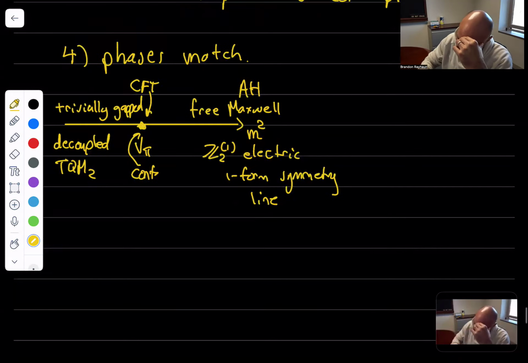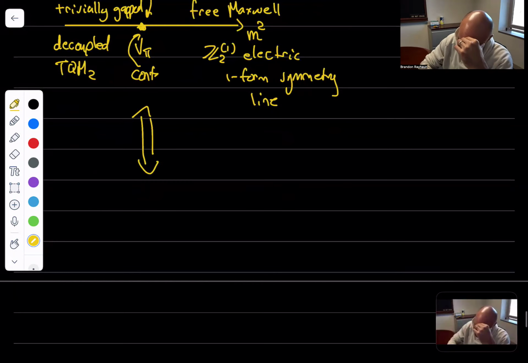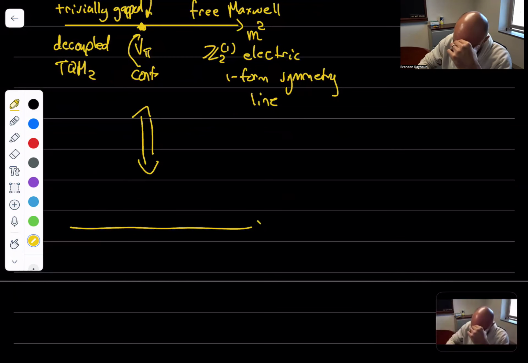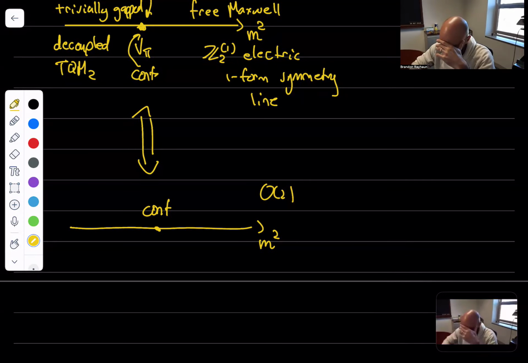And you can show that a very similar thing happens on the O2 side, as you tune the bulk mass. So there's a fixed point somewhere in the middle. Now, when you tune the bulk mass to be very, very positive, you just gap out the entire theory and are left with a trivially gapped phase.